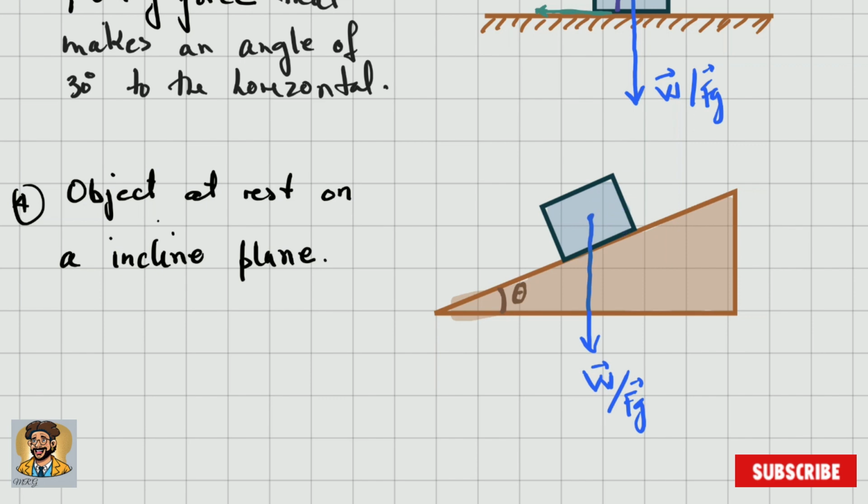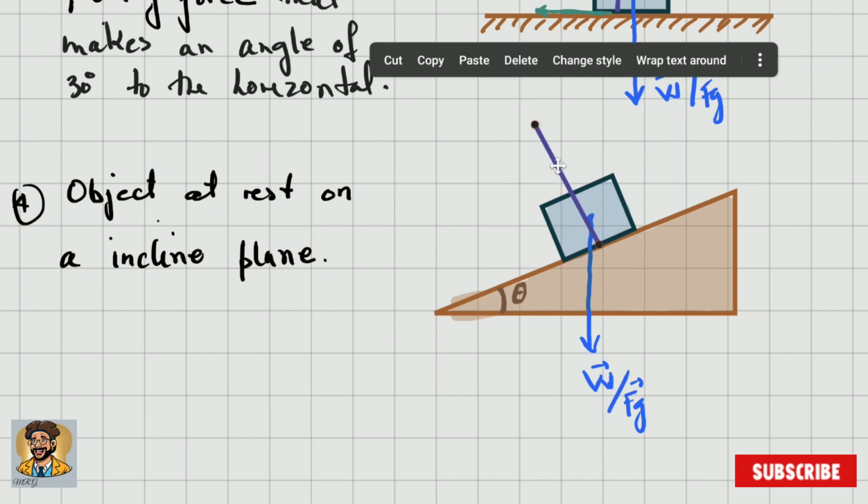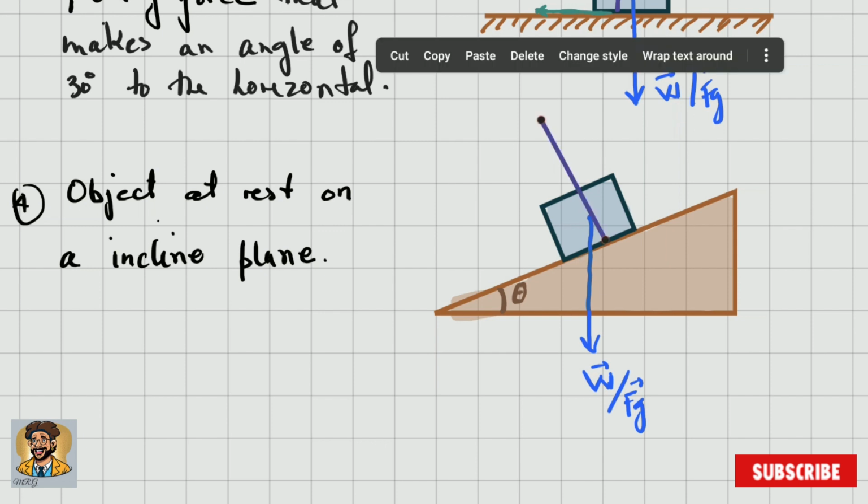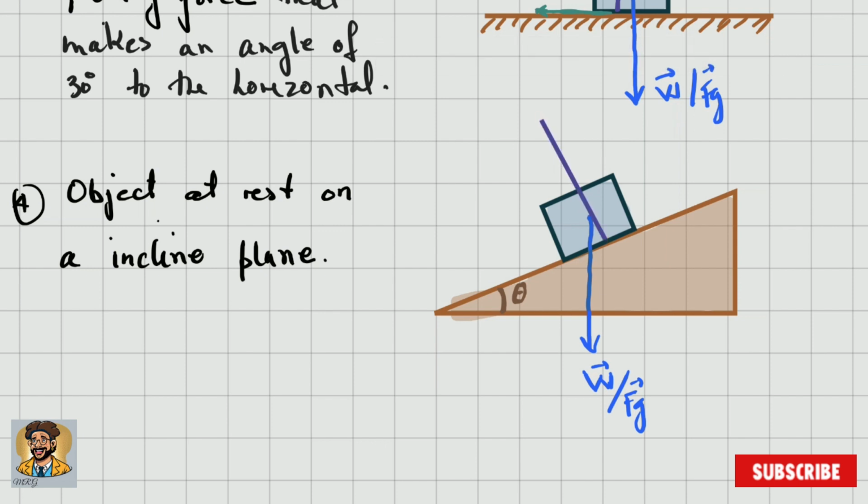Normal force is always perpendicular to the surface, so in this case, it will be a straight line in that direction.